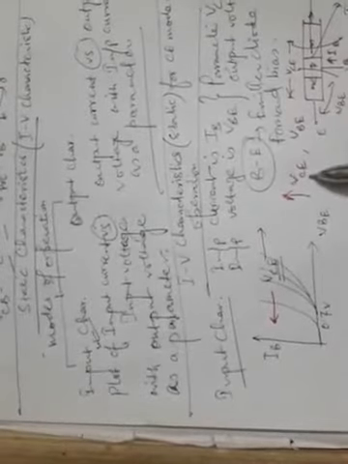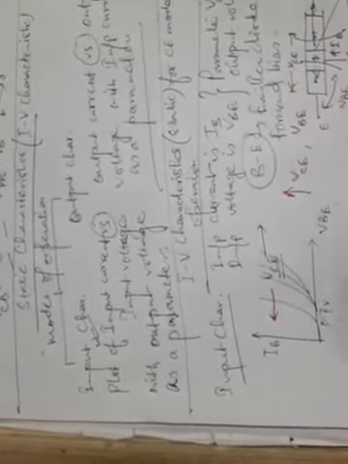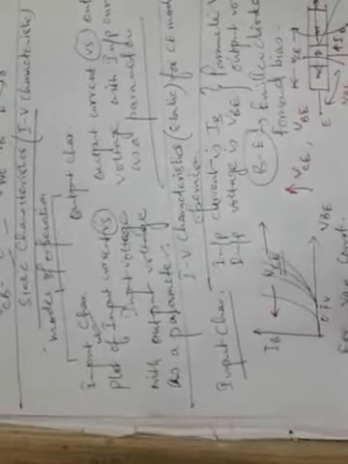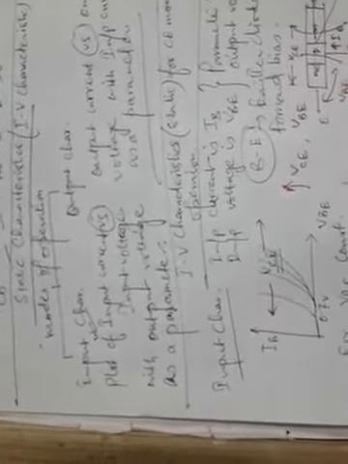That means IB will decrease. So for VBE constant, if VCE is increased, IB is decreased.